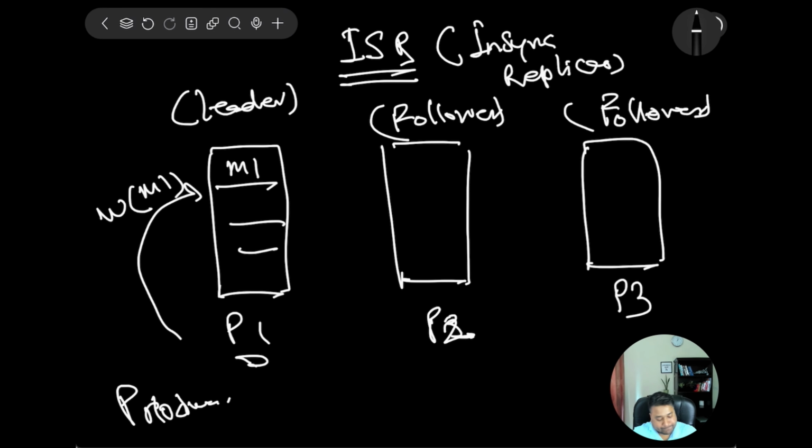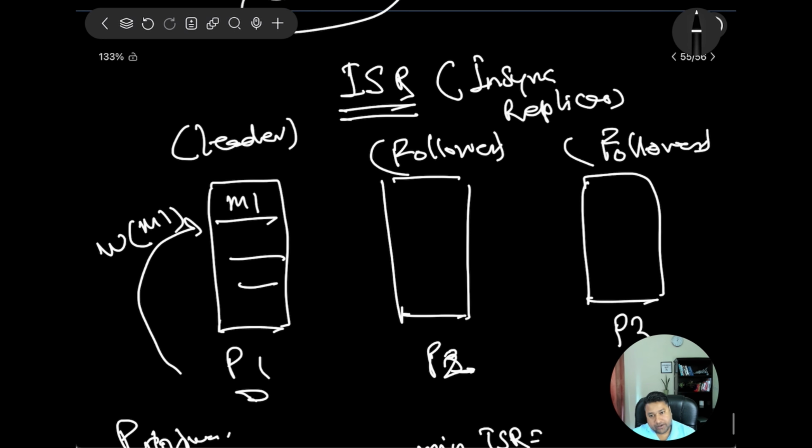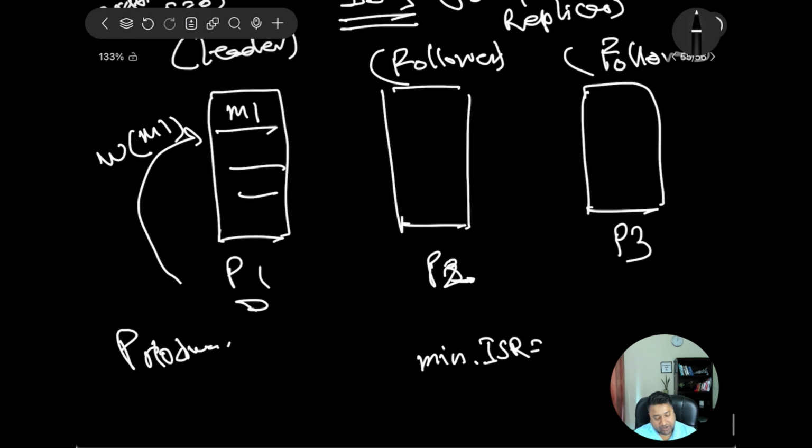Now let's say for this particular topic, the order events, I have the minimum ISR, which is the in-sync replica setting. I have RF equal to 3, meaning replication is equal to 3, and minimum ISR equal to 2.